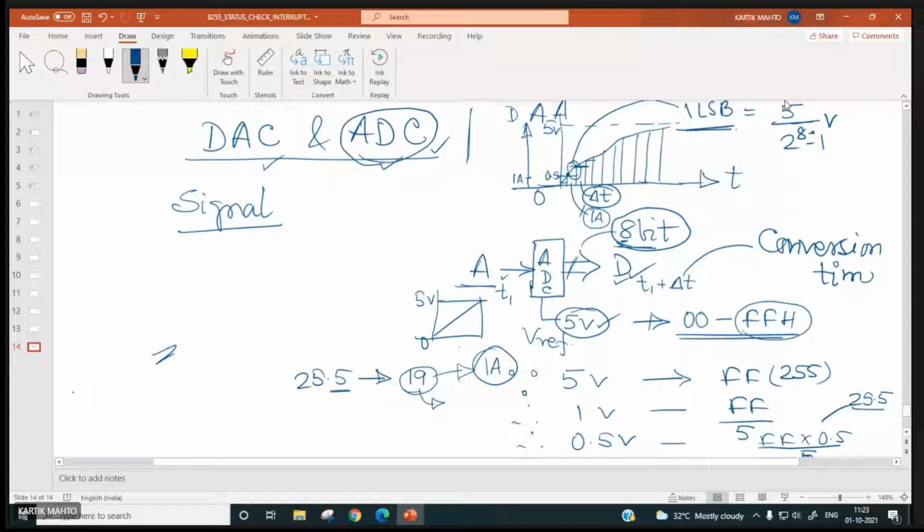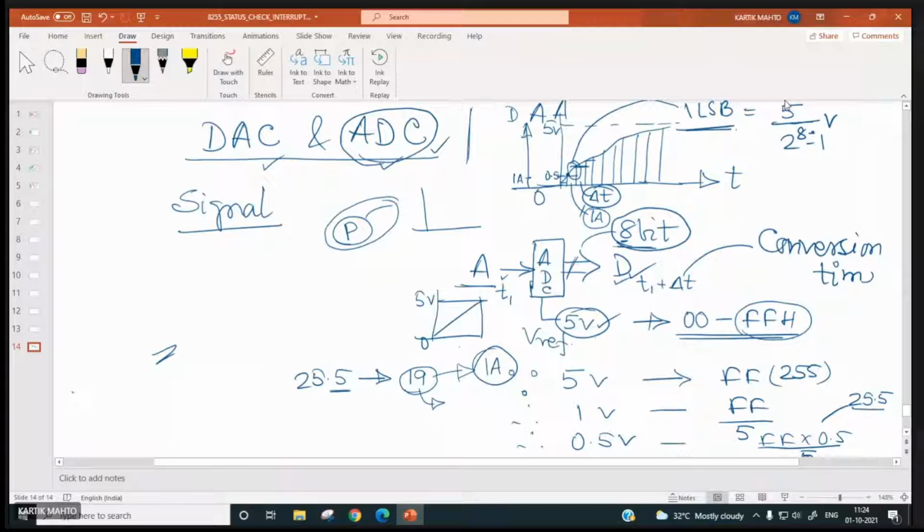But theoretically speaking, it cannot compete at any time with analog, because in analog you may be entering into picos, micros, millis, and there you don't have any discontinuity. What I'm saying is that after having ADC you will be getting these values 1A and so on.